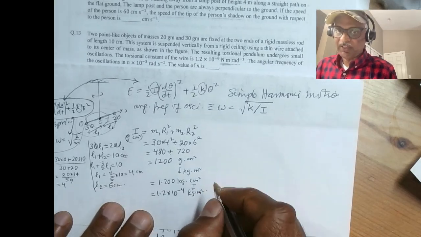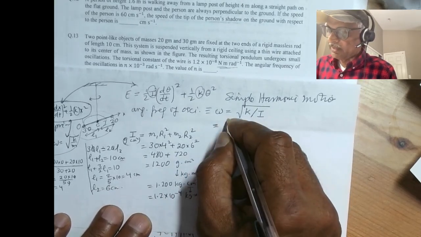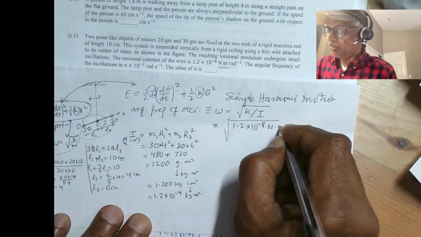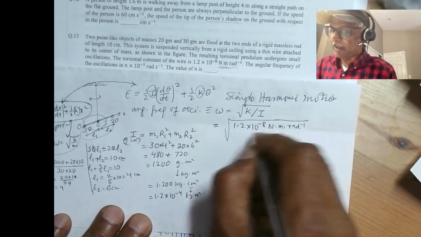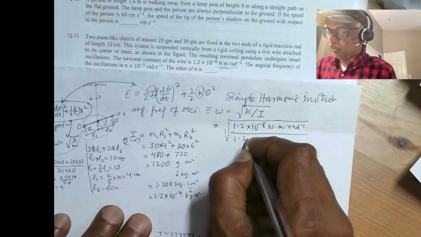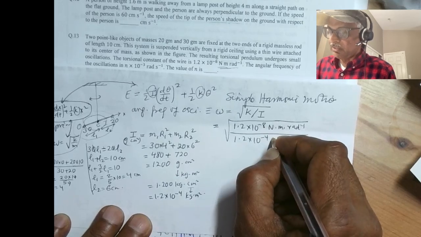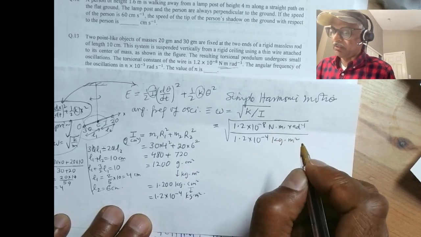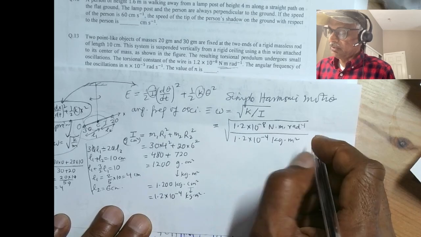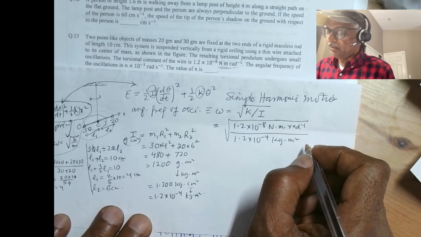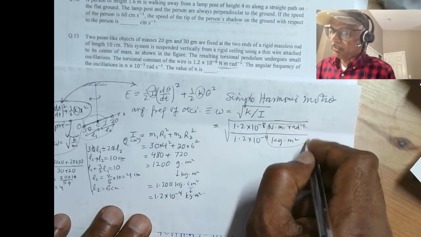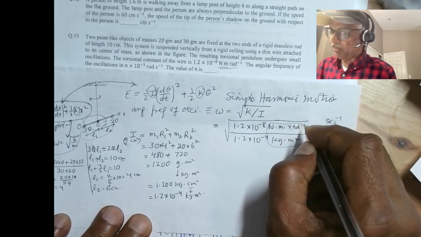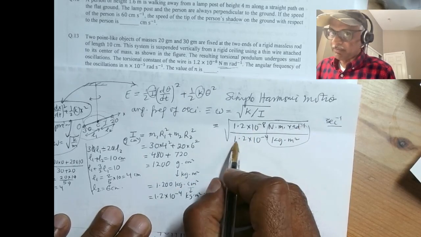Alright, so now we have these values. K is given as 1.2 times 10 to the minus 8 newton meter radian inverse, and I is 1.2 times 10 to the minus 4 kilogram meter squared. If you work this out, the unit in the end should be per second. You can forget the radian part, it's going to be per second.